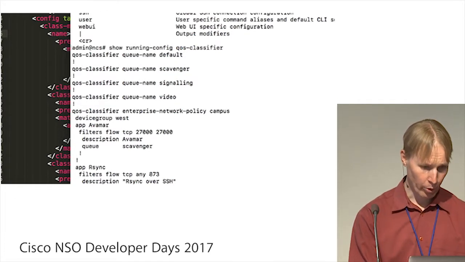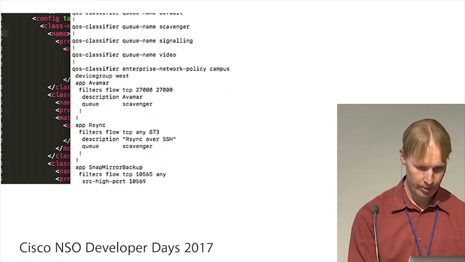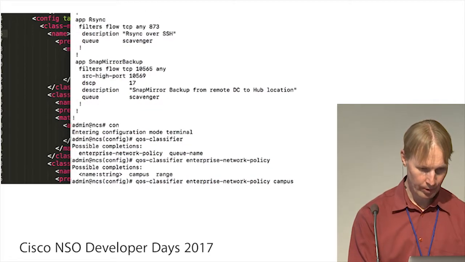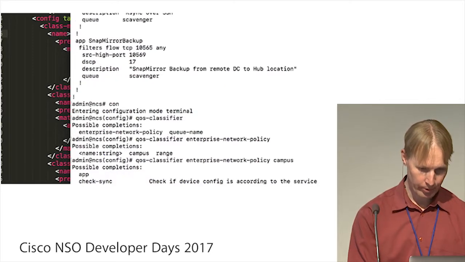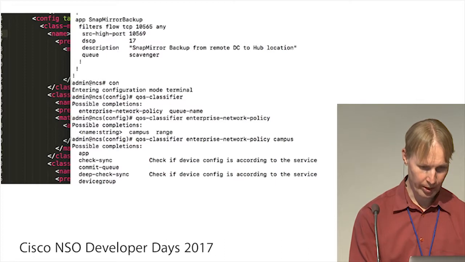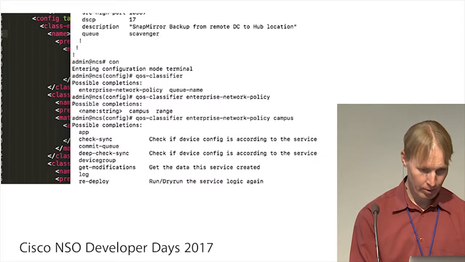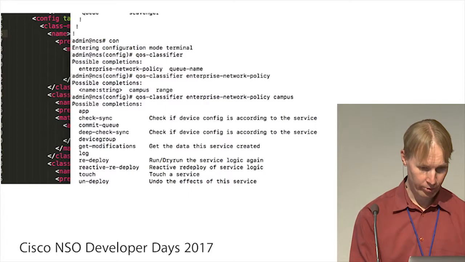If I go to configuration mode, I can go here and say devices, CrossClassifier, enterprise policy, campus, app, Skype, filter flow, TCP. I have no idea what ports Skype is running on. It's a lot of them. Maybe 77. Any for the destination port.